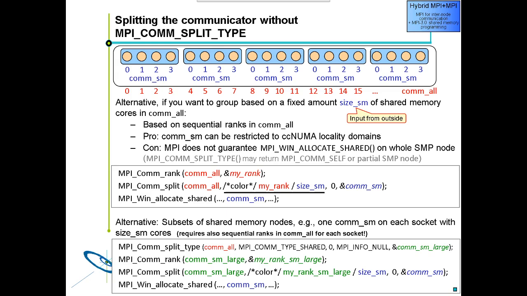And alternatively, we could also use a combination of MPI_Comm_split_type and also create some islands within the shared memory island created by Comm_split_type.